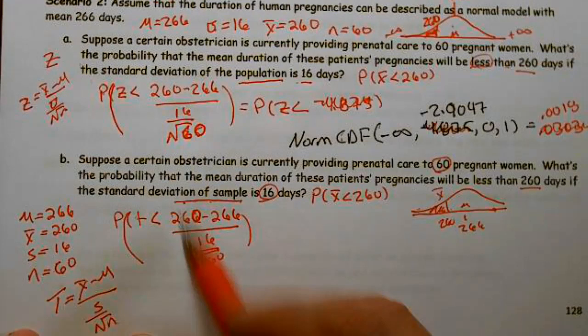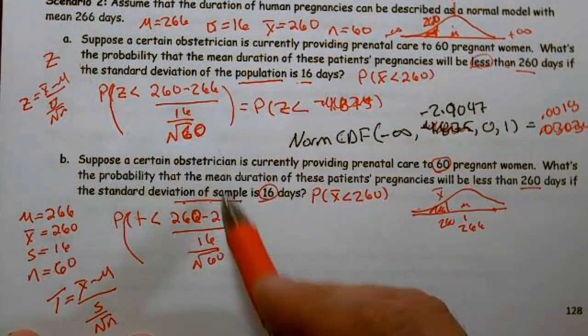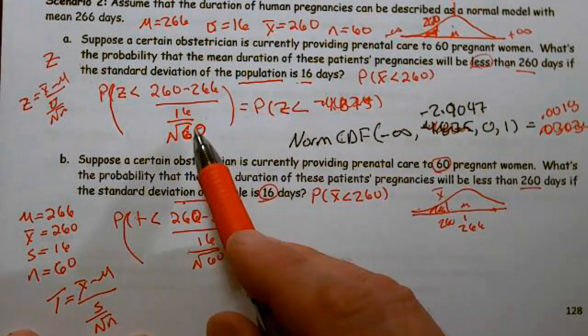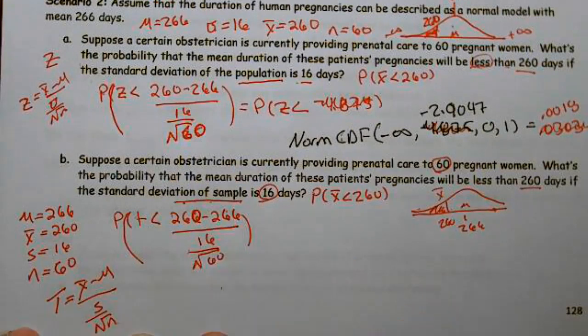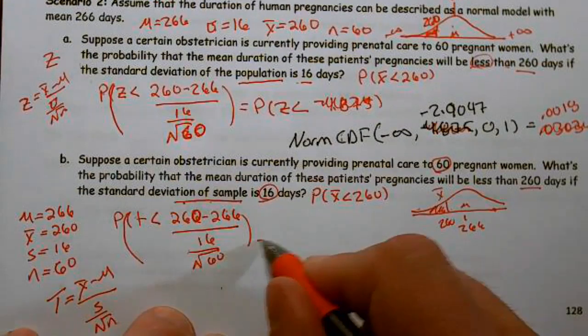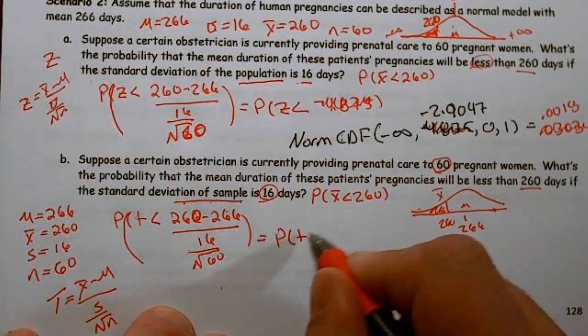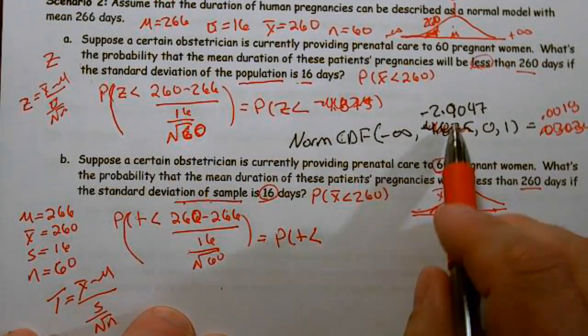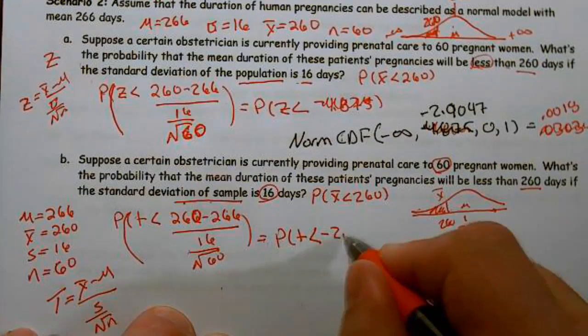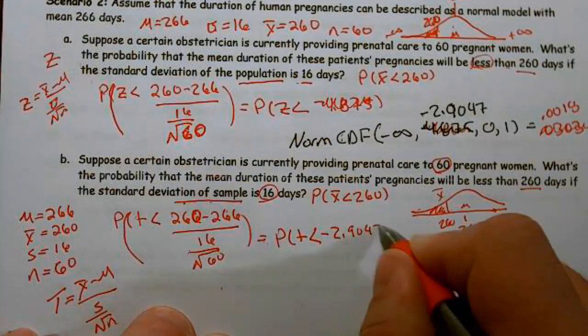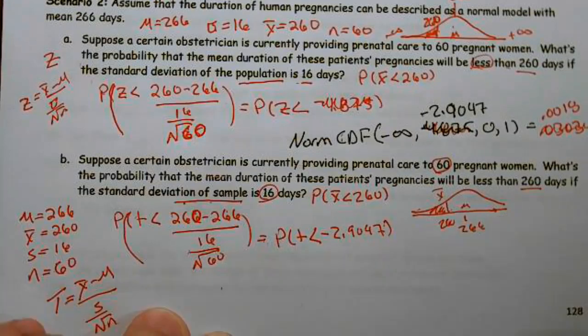Well, these are exactly the same values, 260, 266, 16, and the square root of 60. So this is going to be the probability that T is less than negative 2.9047. Let's just go ahead and check that real quickly.